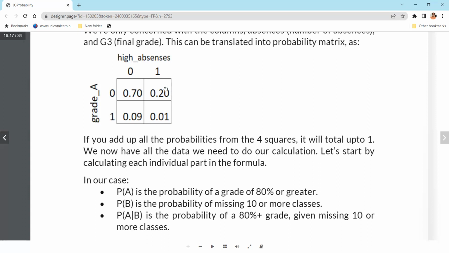Here the sample space is 0.1 plus 0.01, 0.21. 0.21 is your sample space. And the probability that you get grade A is 0.01 by 0.21, which is 1 by 21. 1 by 21 is definitely more than 0.01.